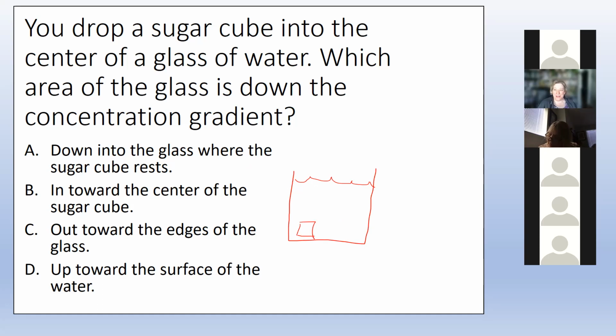Is glass hydrophilic or hydrophobic? When I put water into a glass cup, does the glass start dissolving? No, it does not start dissolving, so it is actually phobic. So can the sugar go into the glass? Can it go down into the glass?